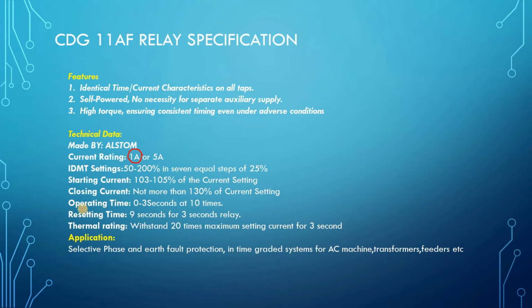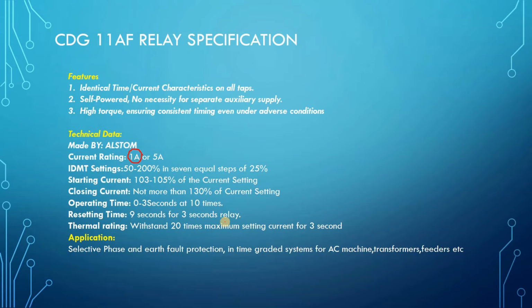Here the important thing is the operating time, that is 3 seconds at 10 times. This 10 times means 10 times the current setting. So if you give 10 times the current setting, then the relay should trip in 3 seconds. So that is the characteristic.